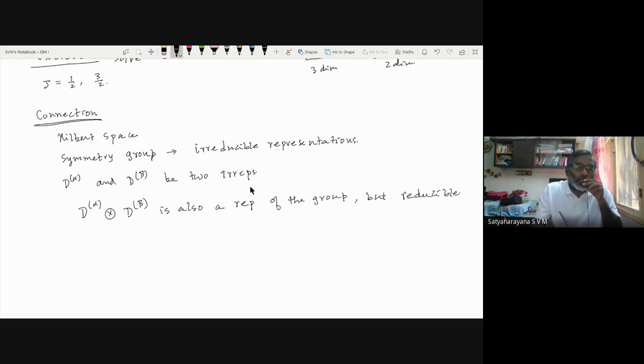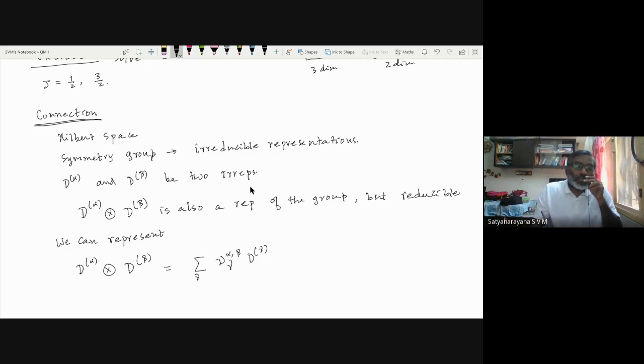Now you can ask a question. We can represent this D alpha cross D beta as a sum over some gamma, into nu alpha, beta and gamma, into D gamma.